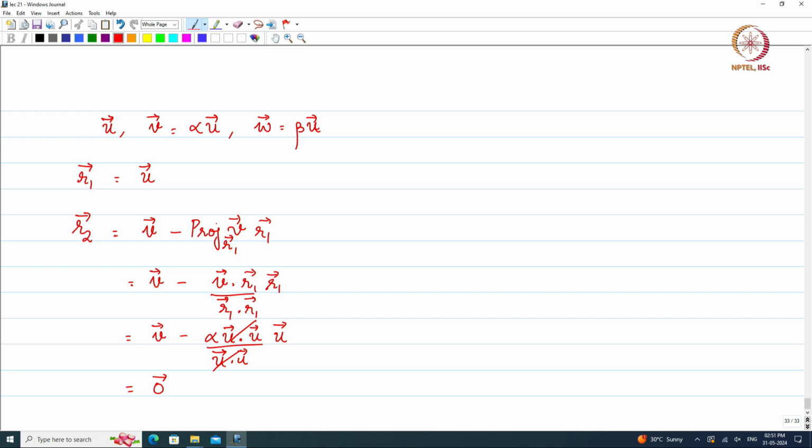If the vectors are linearly independent, then what you need to do is project the vectors onto different axes, subtract their projections, and continue till you get to the last vector, right. In fact, one can verify that the r3 vector is also equal to the 0 vector, right.